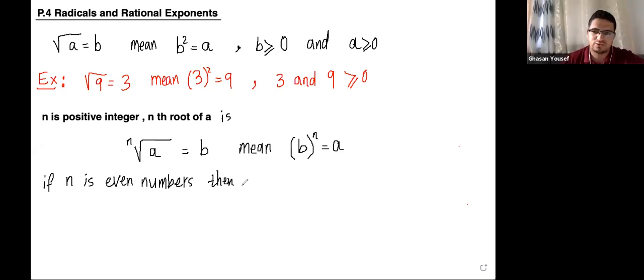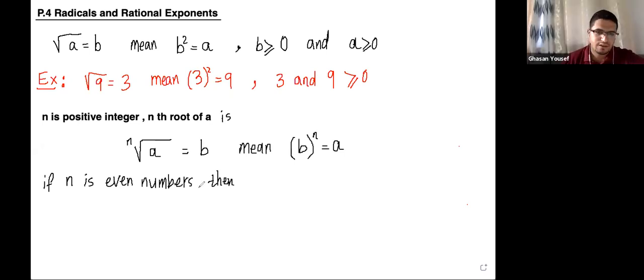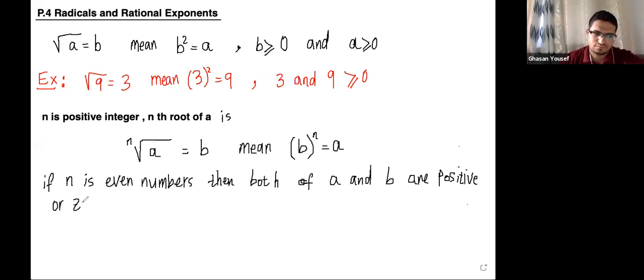So 2, 4, 6, 8, 10, 12, 14, etc. Yeah, this is correct, Eric. So if n is an even number, then both a and b are positive or 0.